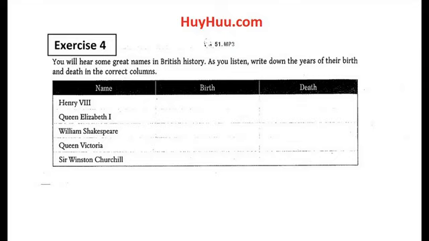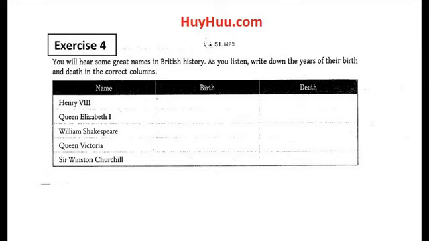William Shakespeare was born in Stratford in 1564. By 1603, the year when Queen Elizabeth I died, Shakespeare was already the leading poet and dramatist of his time.